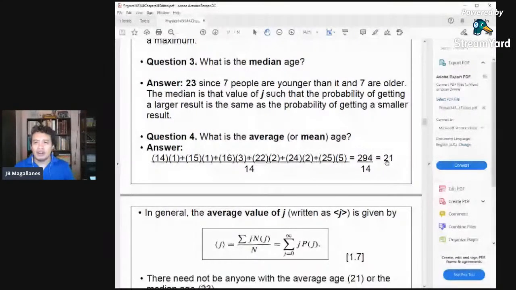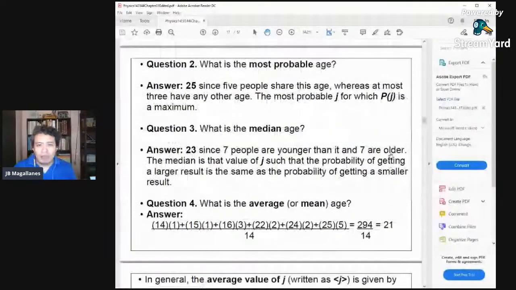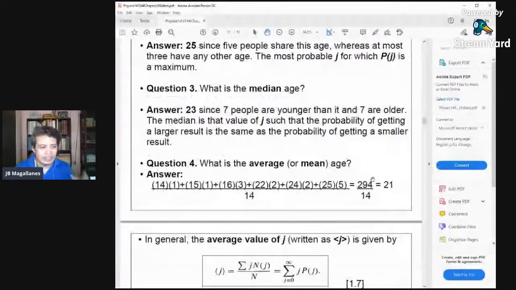So remember, the most probable, the median, and the average: you should be able to tell the difference. By the way, you can also write this as 14 times 1 over 14 plus 15 times 1 over 14 plus 16 times 3 over 14 plus 22 times 2 over 14 plus 24 times 2 over 14 plus 25 times 5 over 14.